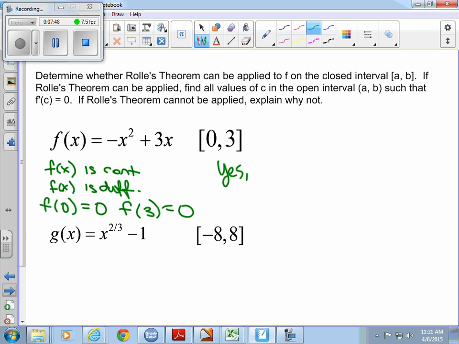Okay. If Rolle's theorem can be applied, find all the values of C in the open interval (a, b) such that f prime of C equals 0. So, find the derivative, set it equal to 0. So we're finding relative extrema, or critical points anyway.